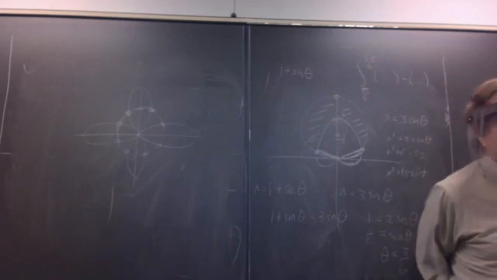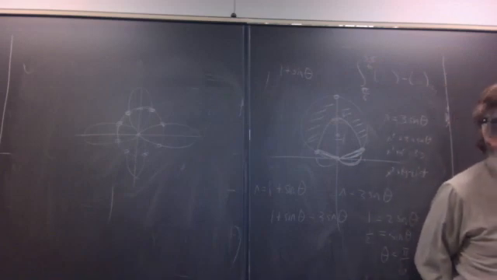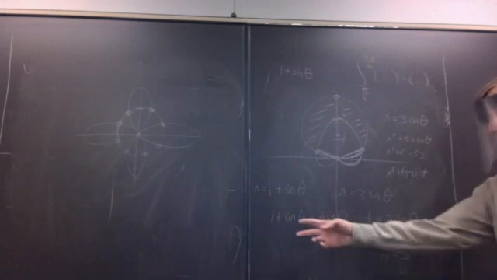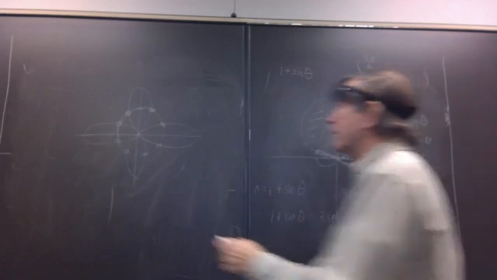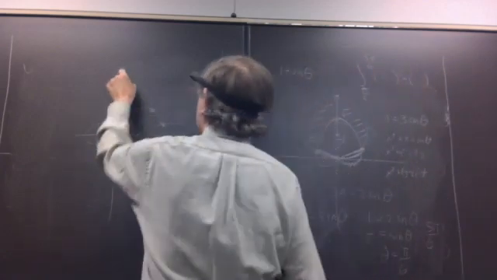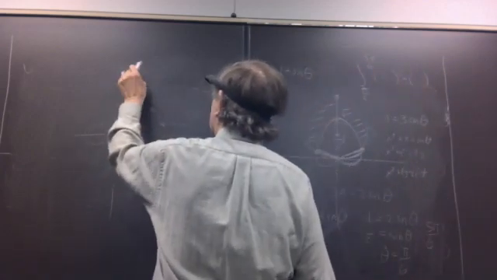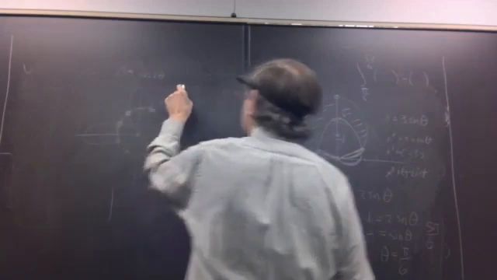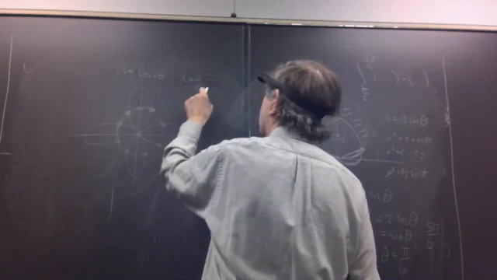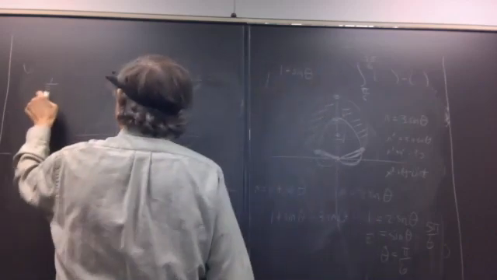Okay, how do I find them? Well, what I just did is equate. So what I have is r equals cosine 2 theta and r equals 1/2. Oh, that's pretty simple.